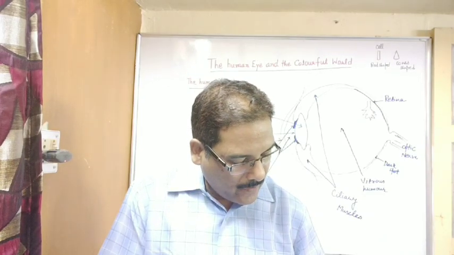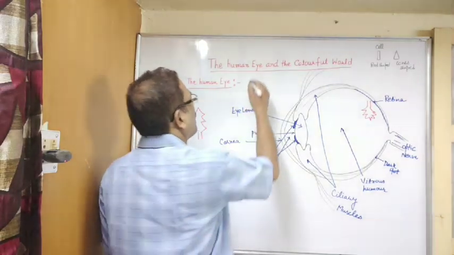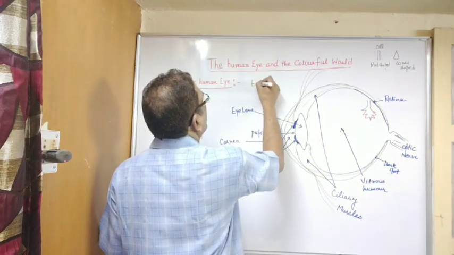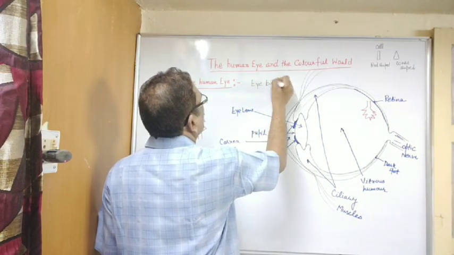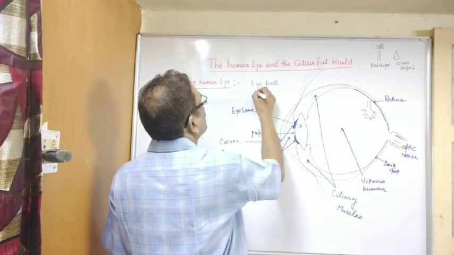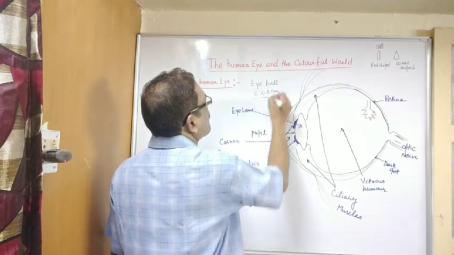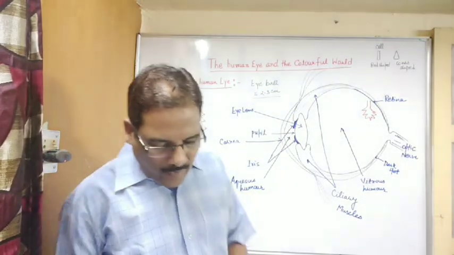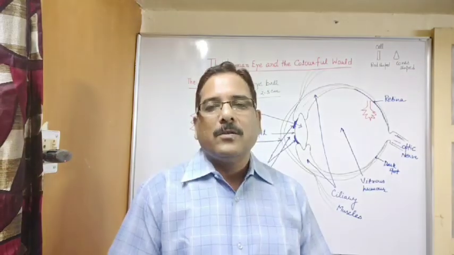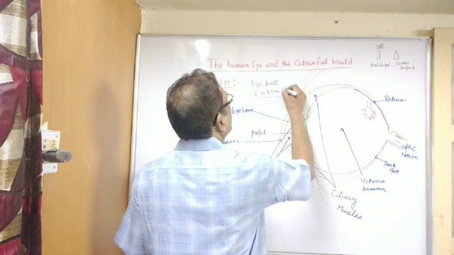One thing more: this is a diagram of the eyeball, and the diameter of the eyeball is about 2.3 centimeter. This diameter.